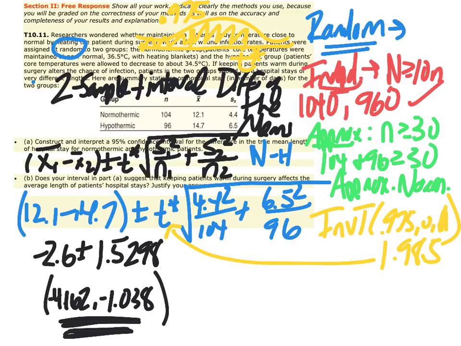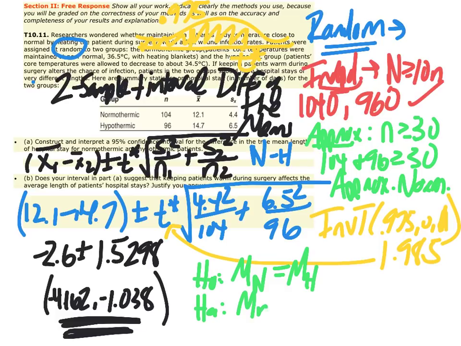Now, part B, does your interval in A suggest that keeping patients warm during surgery affects the average length of patients' hospital stays? So the question here, this is the confidence interval. If we had written a hypothesis test, we would have said basically that the mean difference of normothermic is equal to that of hypothermic, but we really think it's different.